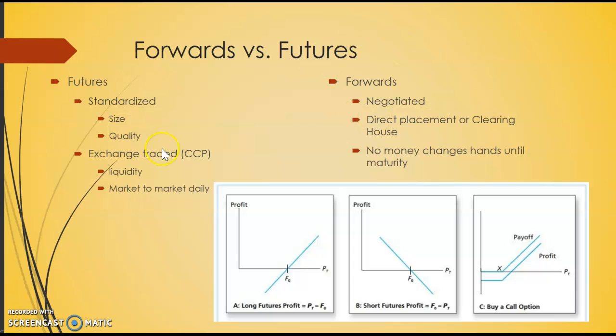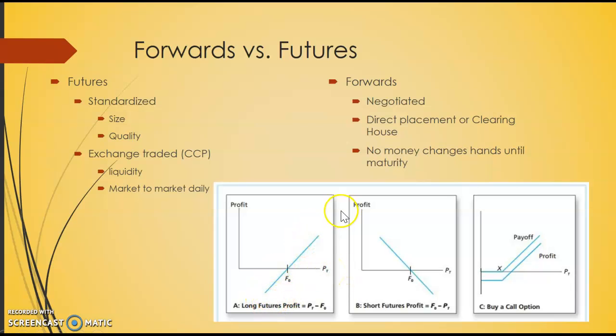And the fact that you could get out of this early, since it's mark-to-market daily, you would be able to close your position on a daily basis, provides more liquidity to the market. So there's two types of positions you can enter into for a future. Panel A on this graph shows the long position. So with a long position, we have our profit on the vertical axis and the spot price on the horizontal axis.